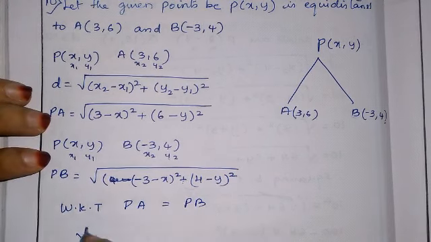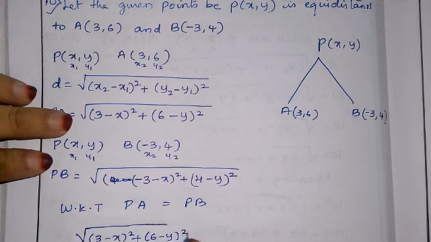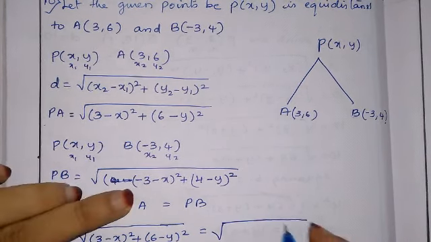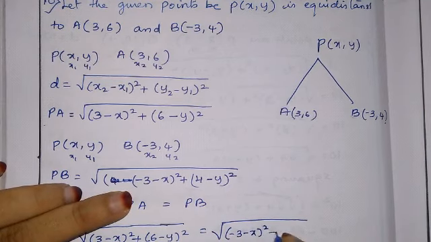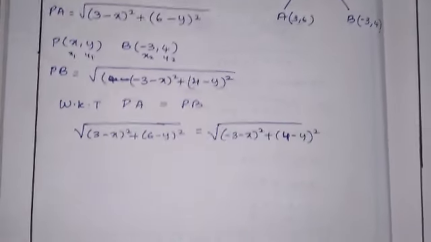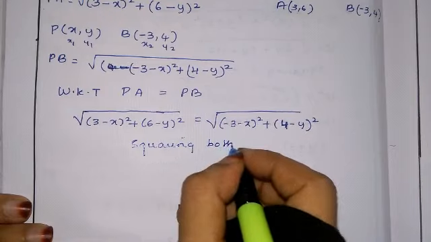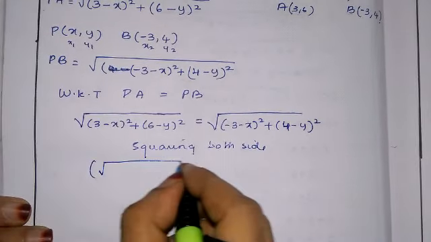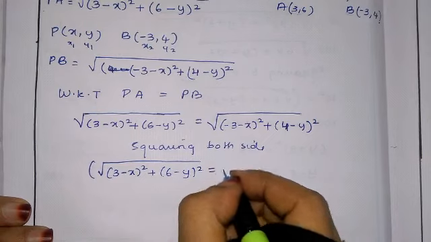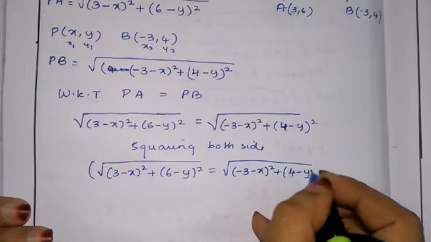So PA, let me write, PA is root of 3 minus x whole square plus 6 minus y whole square, and PB is root of -3 minus x whole square plus 4 minus y whole square.